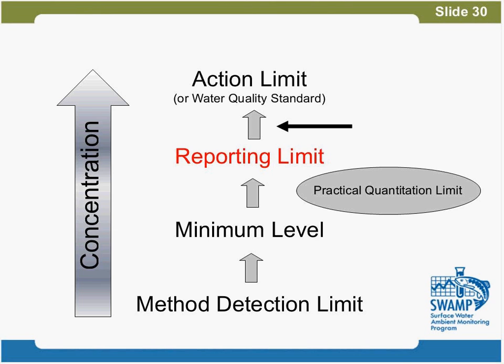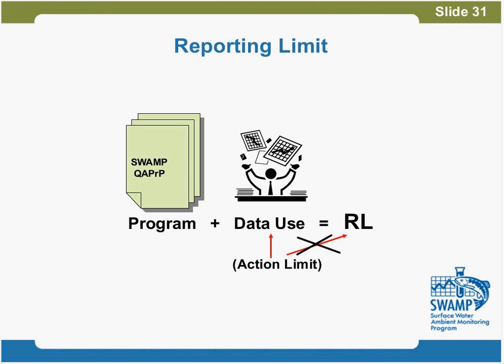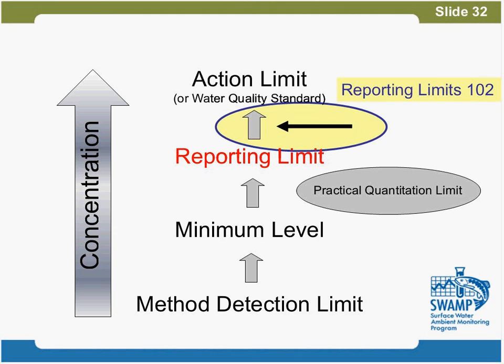So what is this here? Why do I have an arrow between reporting limit and action limit? Why can't I just set those two the same? I talked about it a little bit. I had this graphic saying we don't want to set the reporting limit and the action limit the same.